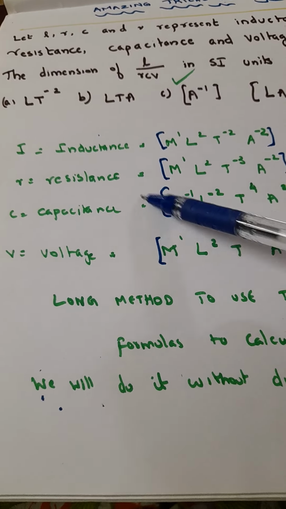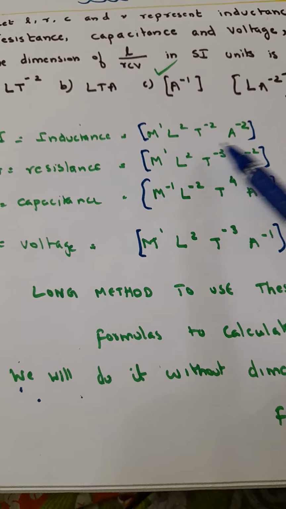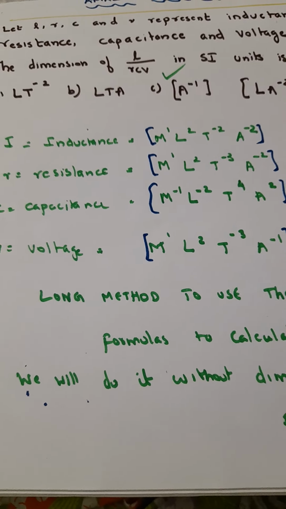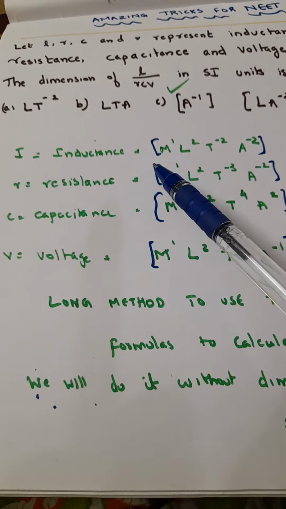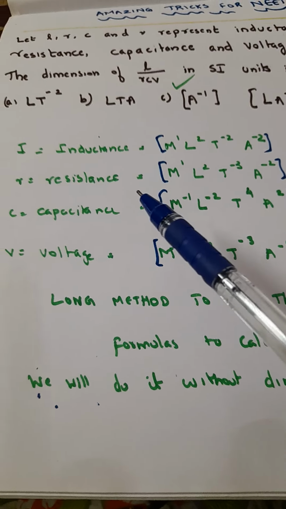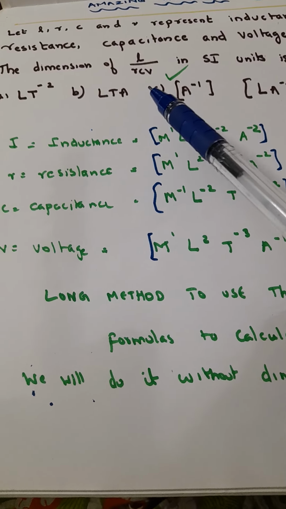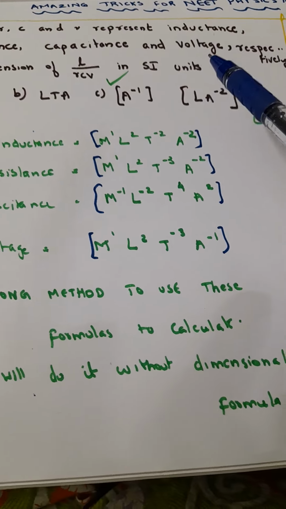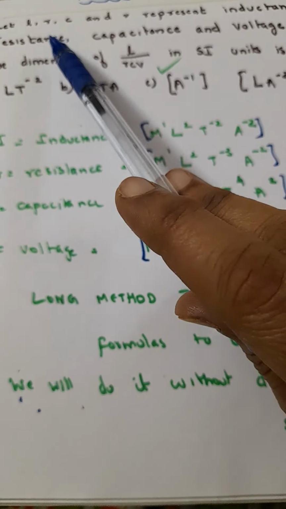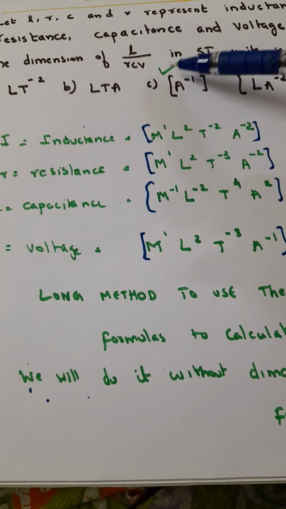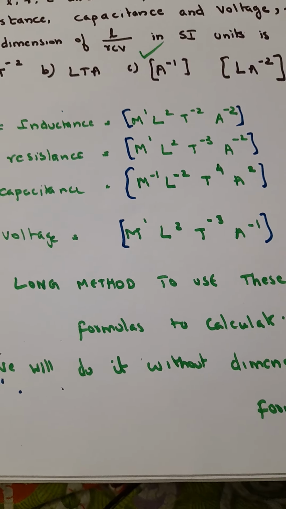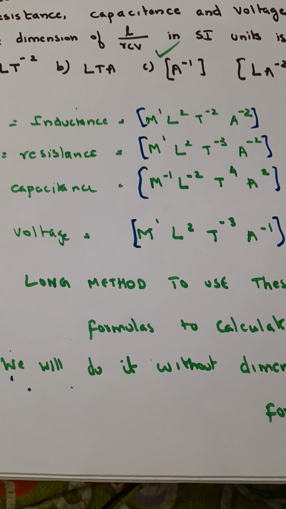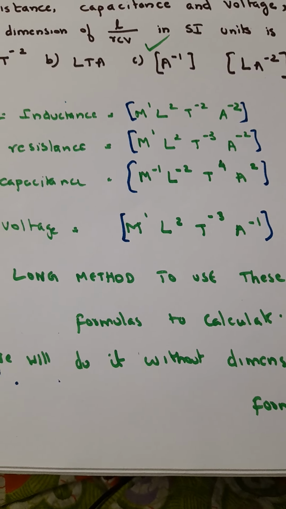So first of all you will have to write these 4 steps, then write the 4 dimensional equations, then after that you have to substitute, that is L, you have to write the whole thing for that. Then R, C, V, C, L it is given as inductance, that is why we are using this alphabet. Then divided by R into C into V, these 3. So substitute everything, okay, then you have to cancel out everything and do the calculations and all that.